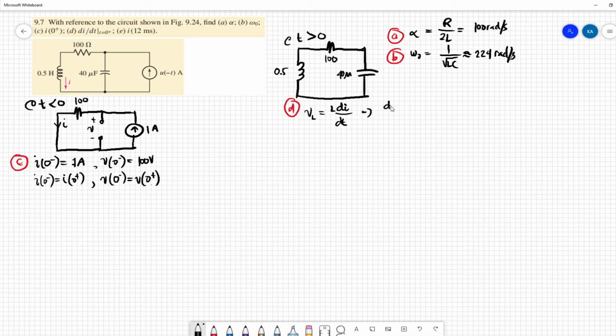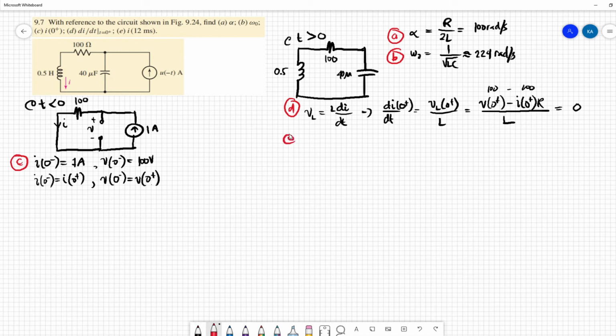We have di/dt at 0 plus equal to VL of 0 plus over L. Applying KVL and Ohm's law, VL is equivalent to V of 0 plus minus I of 0 plus times the resistance, over L. So we have 100 minus 100 equal to 0.